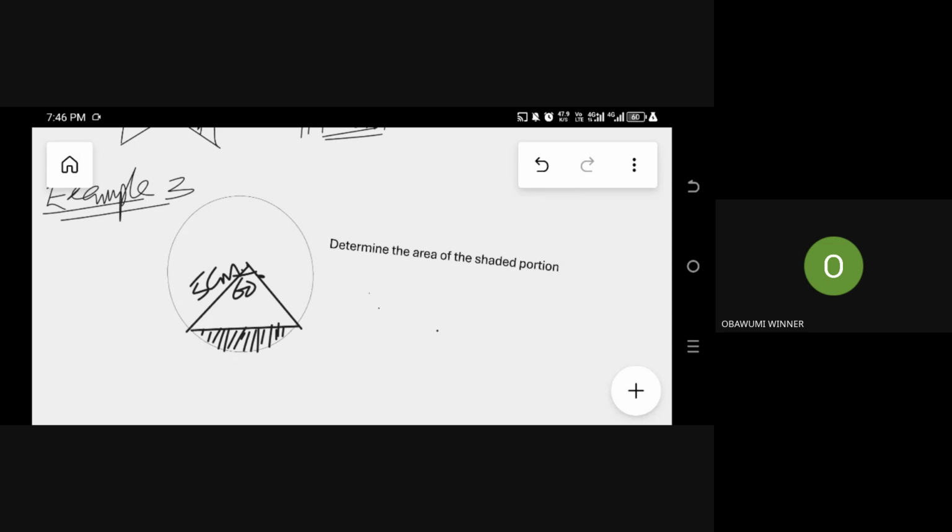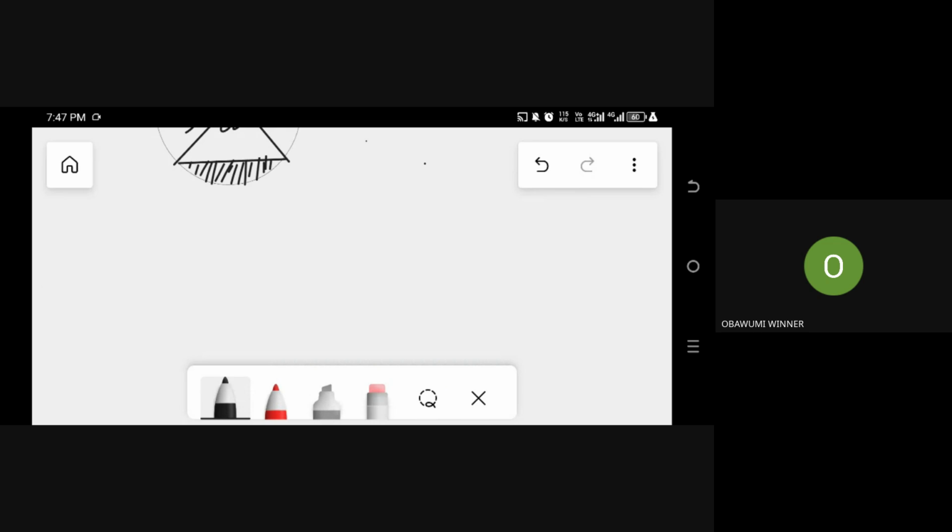So I'll cut out the minor sector from this particular figure, and then we'll have something like this, with this as a shaded part. Here we have 60 degrees. Here we have 5 centimeters.